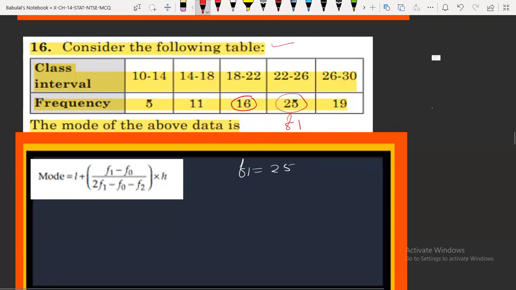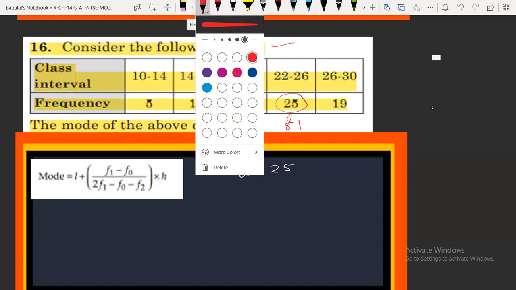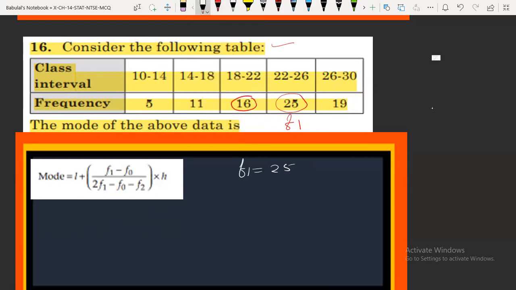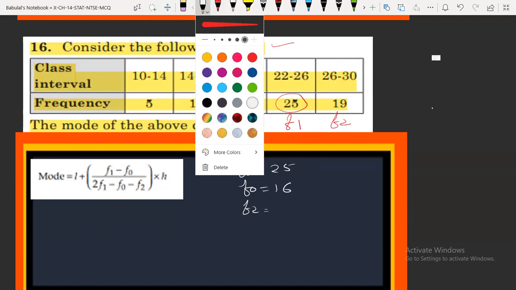So you write here F0 is equal to 16, and F2, that is the frequency succeeding the modal class, and this is F1. So F2 is equal to 19 here.